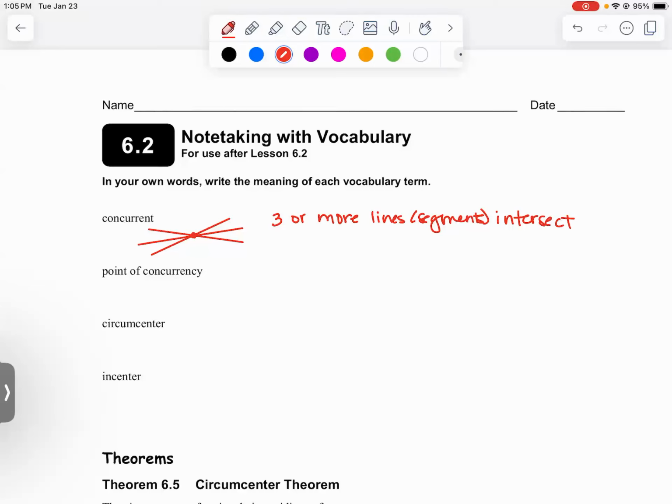Okay. So I drew three. There could be more. Okay. But we have three or more lines, rays, segments intersecting at a point. That particular point in which they're intersecting is called the point of concurrency.